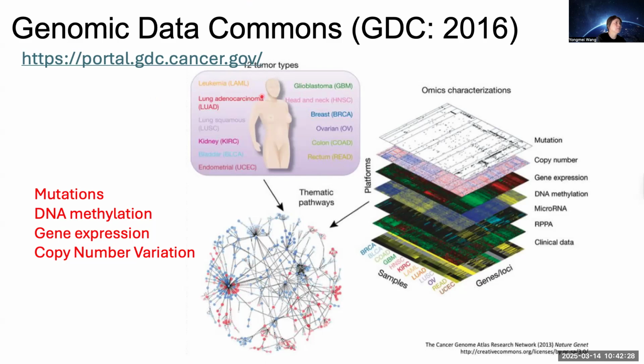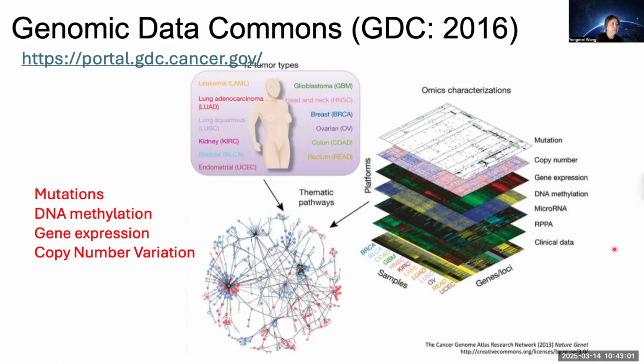This is their picture, showing the types of cancer that they have data on: breast cancer, ovarian cancer, colon cancer, kidney cancer, lung, and so on. For each type of cancer, they have different types of data loaded there. The clinical data refers to what type of person the sample is from, how old they are, whatever treatment they received, how long they lived, and so on.